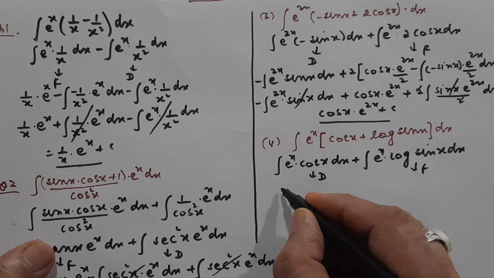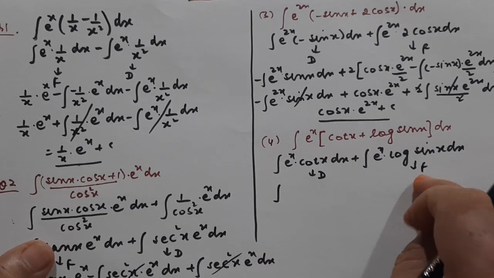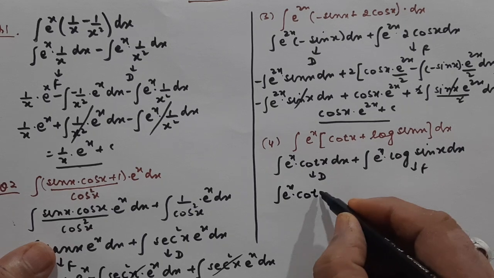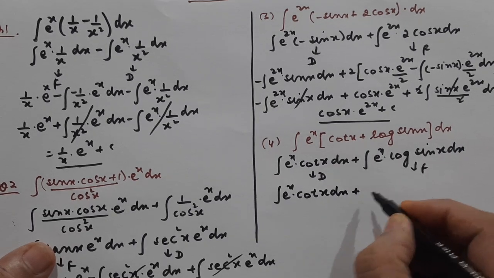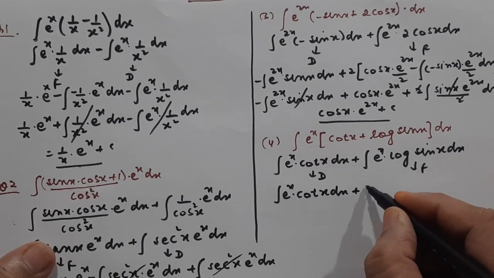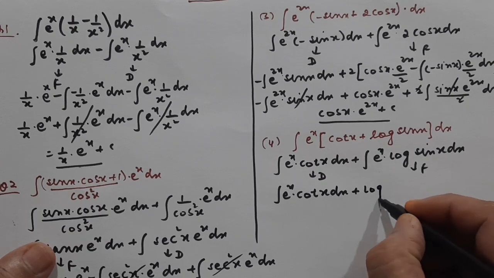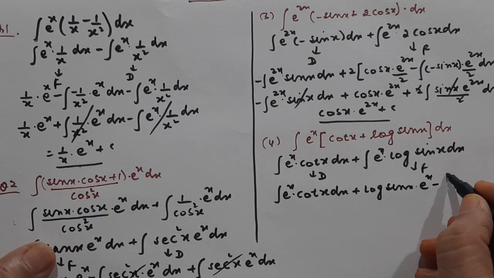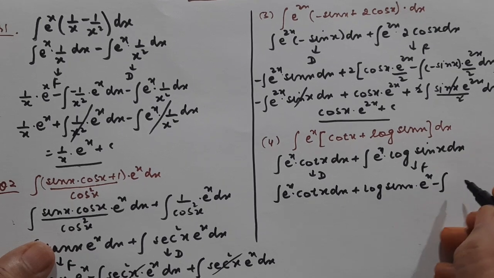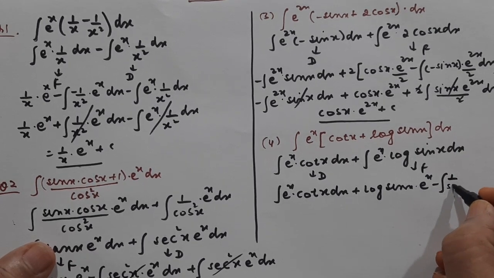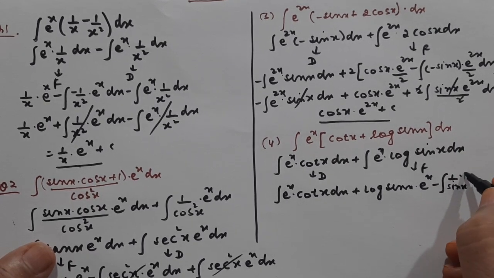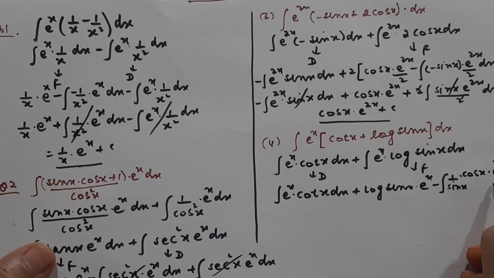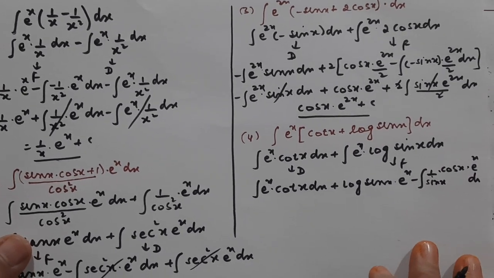So we differentiate only, so we integrate this factor. So e power x into cot x dx. Now integrating, taking log sin x as first function. So log sin x, integral of e power x is e power x, minus derivative of first function, 1 upon sin x into derivative of sin x, cos x, into e power x dx, like this.